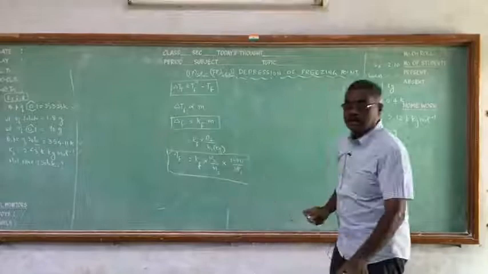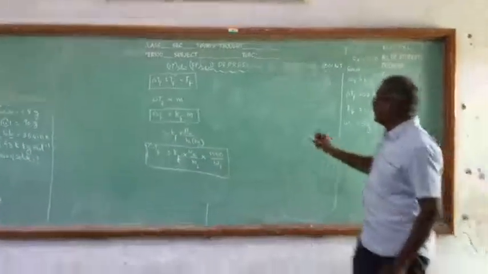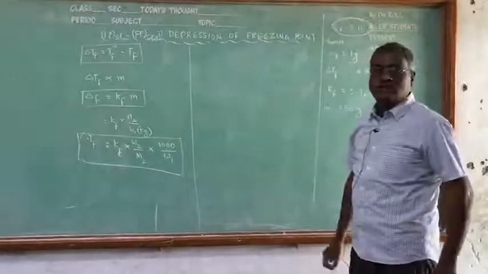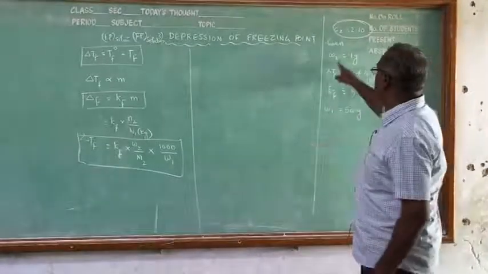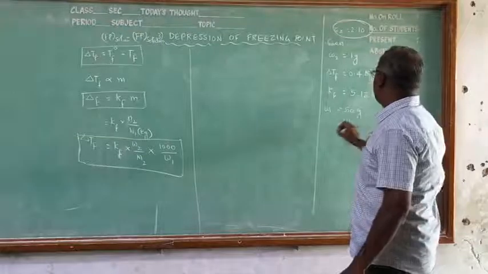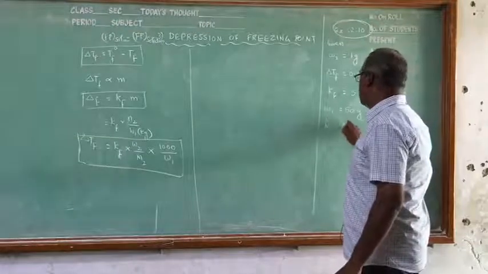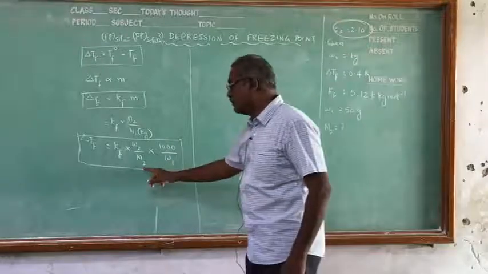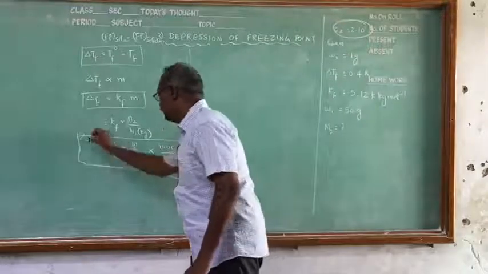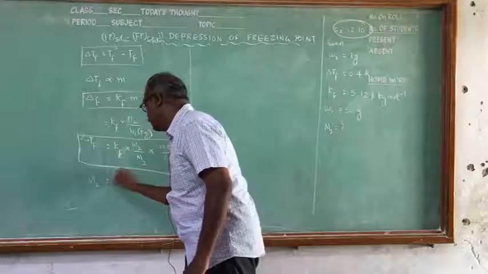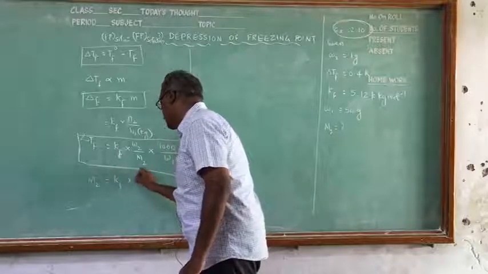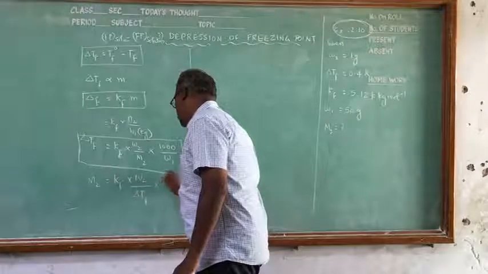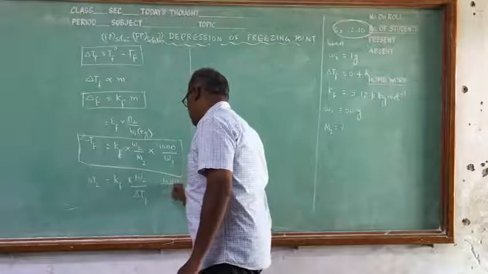The problem is very important. Again, molecular weight we have to calculate. This is exercise question 2.10. Here W2 and everything is given. They are asking what is M2, the molar mass. From this formula, shifting M2 to the other side, M2 equals Kf into W2 divided by delta TF into 1000 by W1.